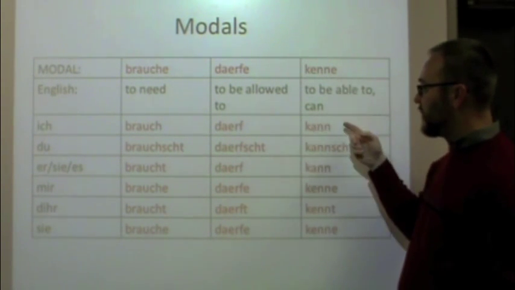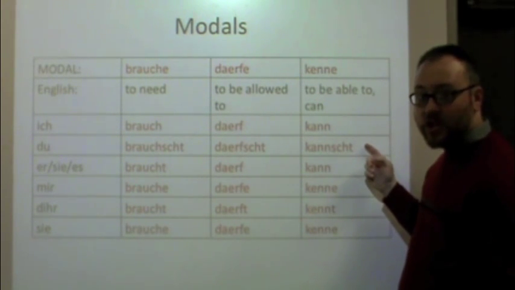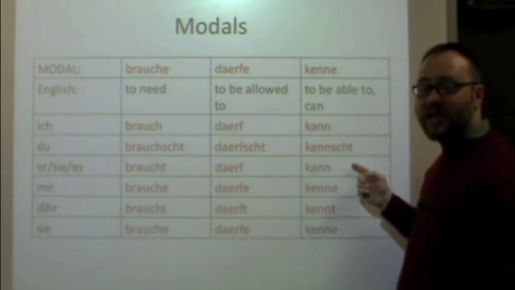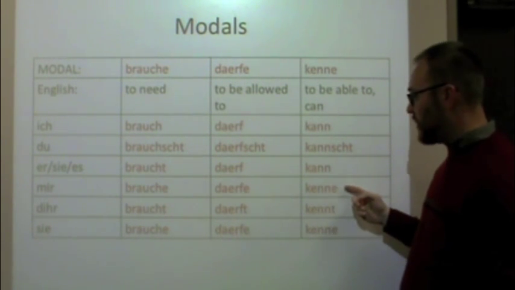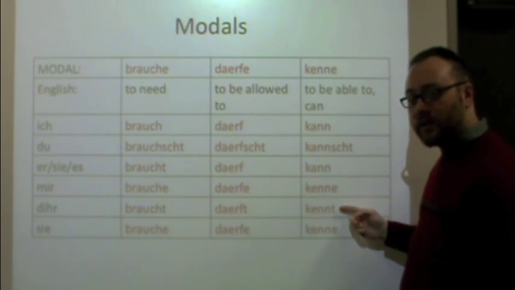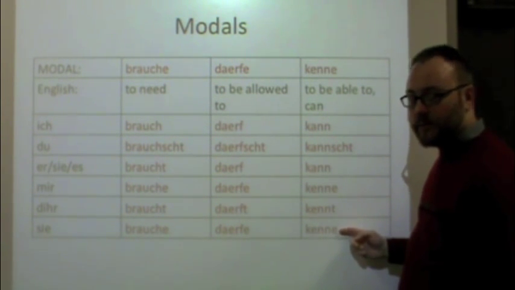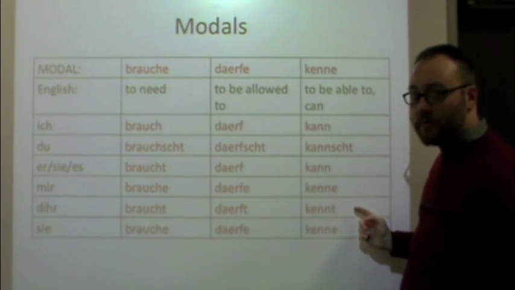So it goes from kenne to ich kann, du kannst, er, sie, es kann. Then the A changes back to an E for the last 3. Mir kenne, dir kennt, and sie kenne. So there's a really weird one. The vowel changes, so make note of that and be careful of that.